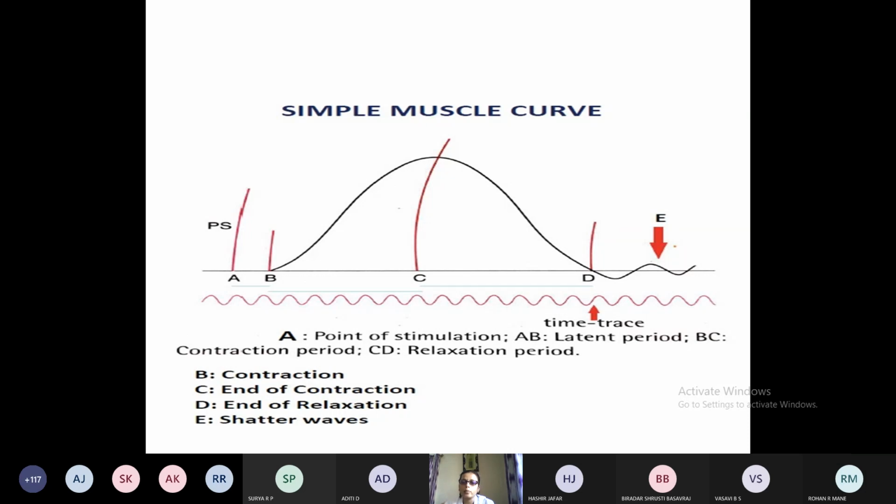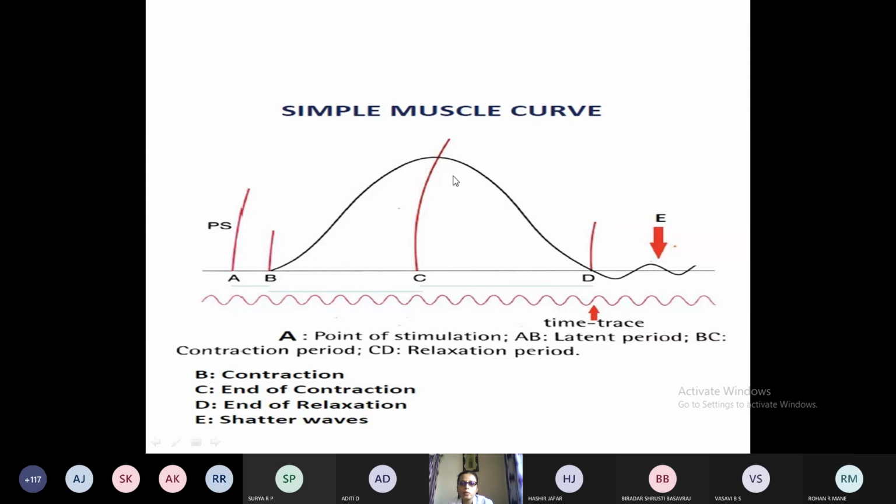Whenever the drum is rotating, it also has some momentum. Because of that, the curve does not stop at point D, it keeps writing further. So this is called the physiological curve, and it is due to the inertia of the lever. Its normal duration is 10 milliseconds.